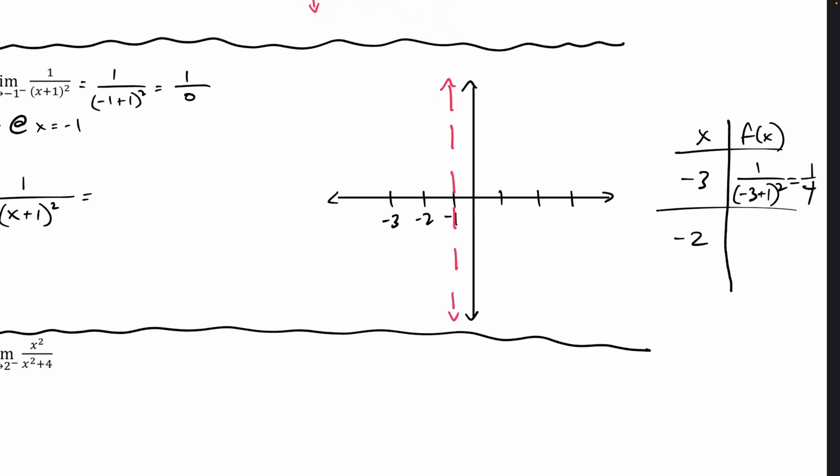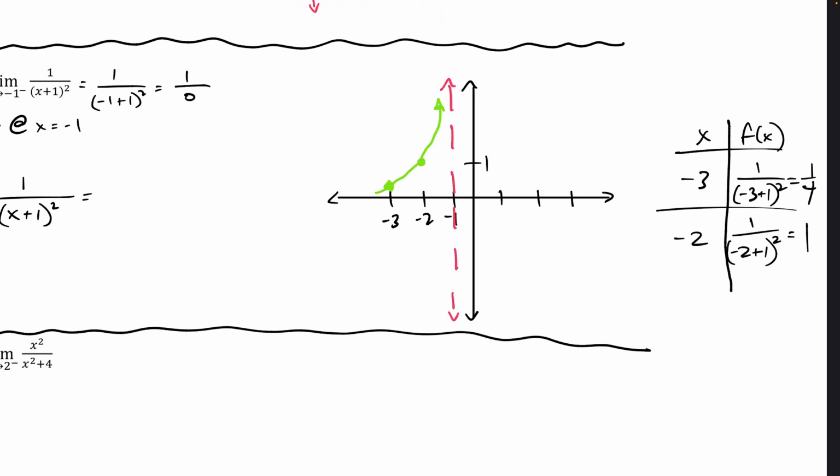And then if I plug in negative 2, I get 1 over negative 2 plus 1 squared, and that's going to be positive 1. This one is heading up.